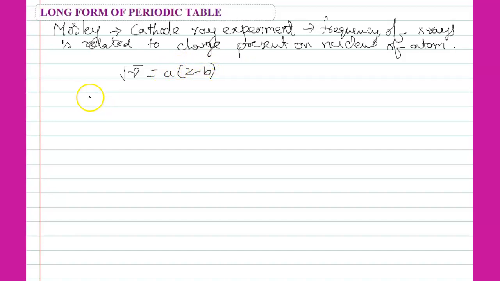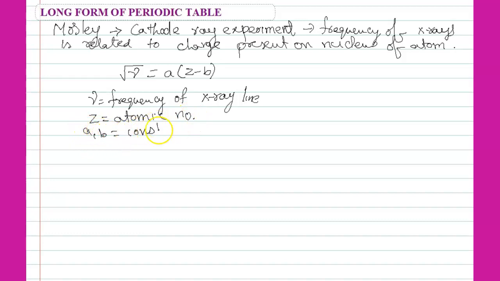Here nu is the frequency of X-ray line, and Z is atomic number, and A, B are constants.